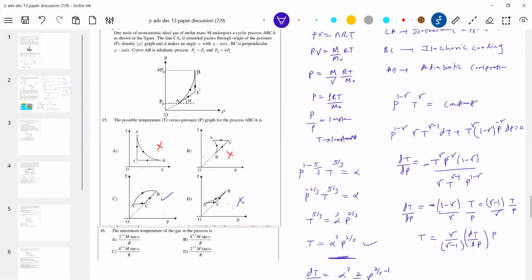CA is isothermal. Temperature at C is equal to temperature at A. Next, AB is adiabatic compression. In adiabatic compression temperature will increase. So temperature here will be maximum. So TB should be maximum.